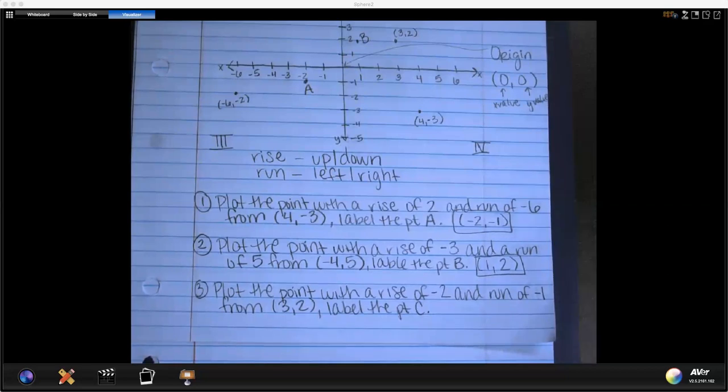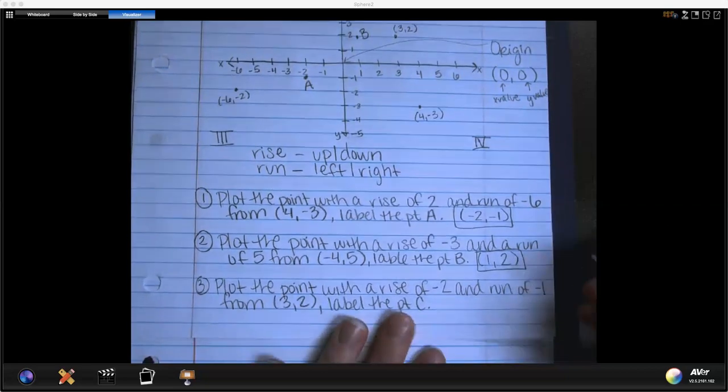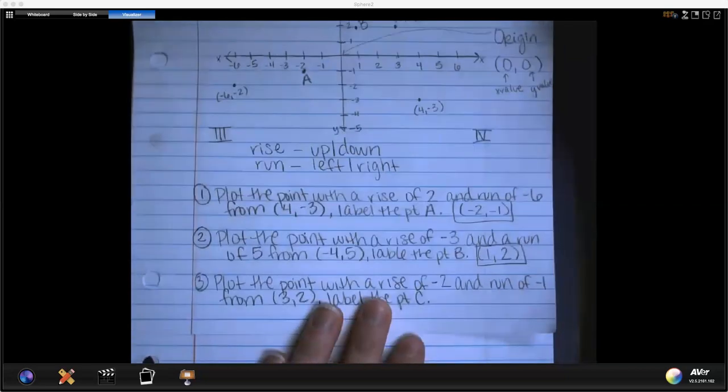See if you guys have a confirming answers. So check a different pair, see if you guys have the same answer. All right, who believes they have the correct answer for number 3?